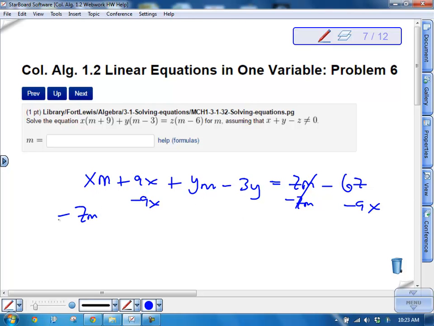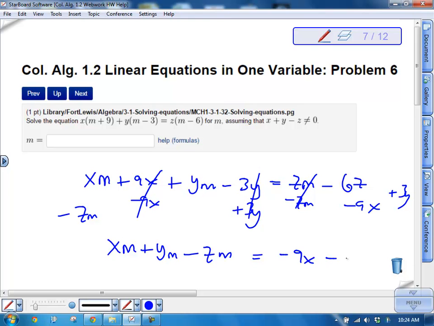Oops, I gotta subtract zm from this side. Subtract 9x from both sides, and add 3y to both sides to get that over to the right as well. So on the left I have xm plus ym minus zm equals, and over here I have negative 9x plus 3y minus 6z.